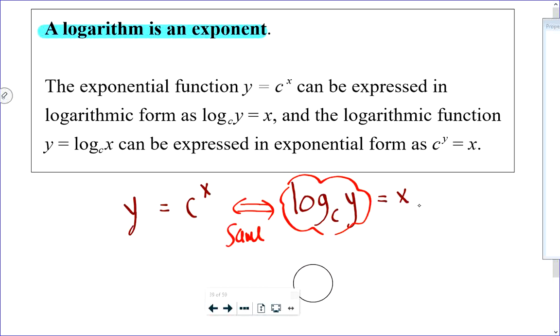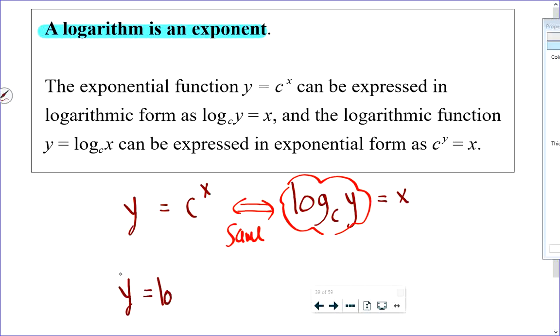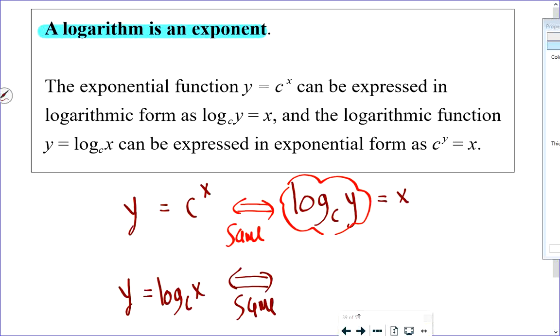And I'm also saying here that y equals log base c of x is the same as, well, let's just do this without looking up top at what I'm telling you. What's the exponent? Well, the exponent is the logarithm, which is y. That means this is going to contain the base to the y, and it's going to be equal to x.